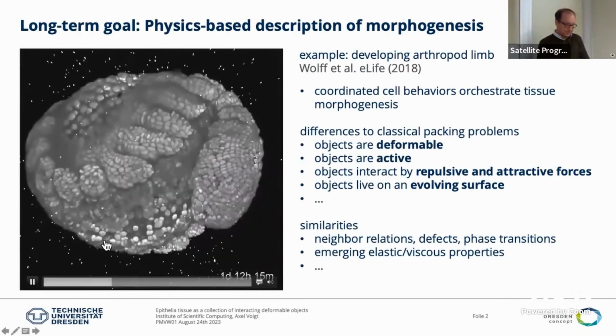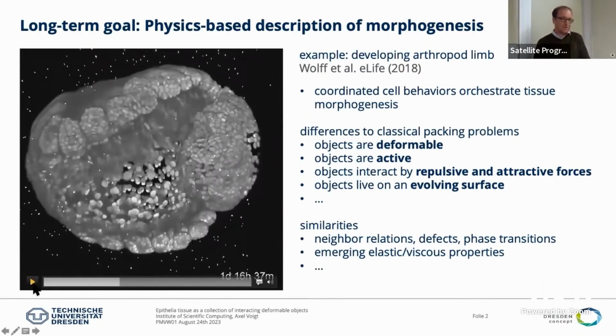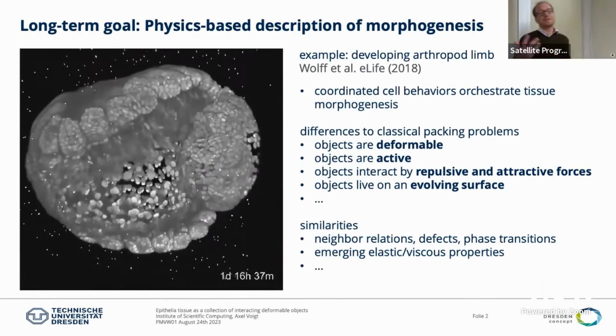Let's stop. And the question is, for example, what are the physics which lead to the formation of these bumps, which then at some point form the limbs, right? So that's the idea.